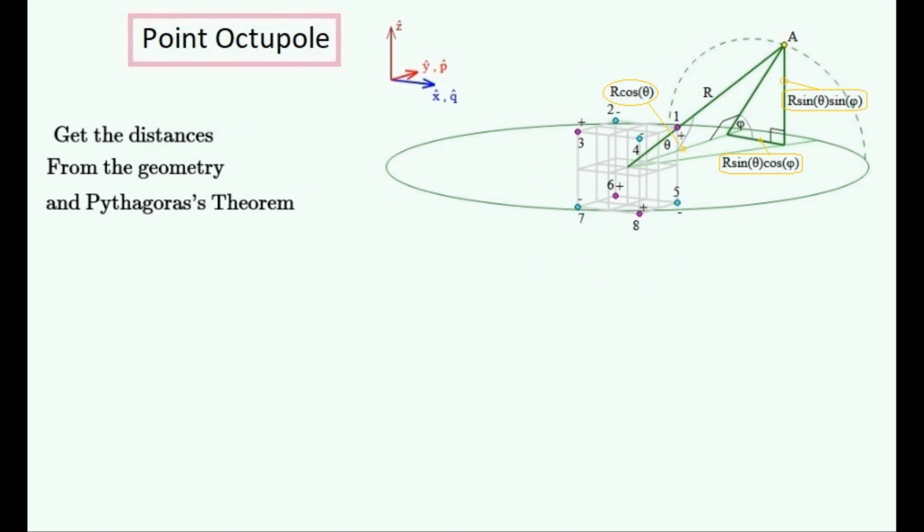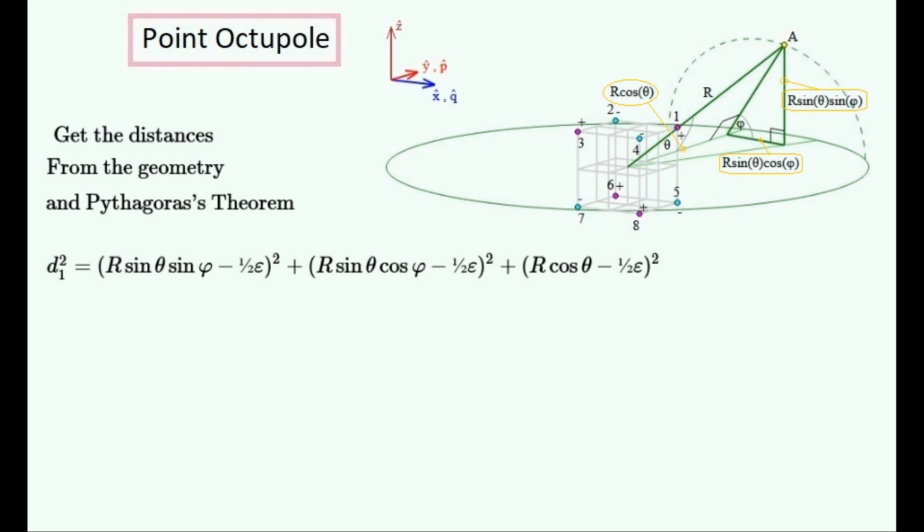So now to find the voltages and electric fields induced by a point octupole in space. We'll just make this cubic structure larger so as to better illustrate how to calculate the distances from the center of this structure to the observer, so as to calculate these electrical quantities.